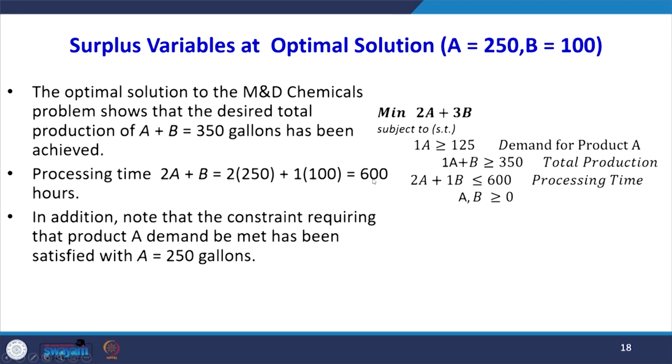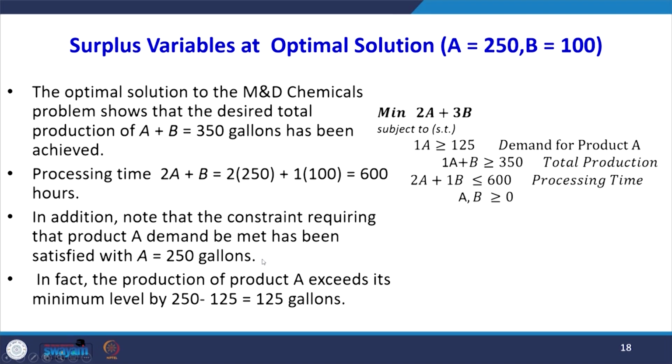In addition, note that the constraint requiring that the product A demand be met has been satisfied, A equal to 250 gallons. The minimum is 125, but we are producing 250 gallons. In fact, the production of product A exceeds its minimum level by how much? 250 minus 125 equal to 125 gallons.